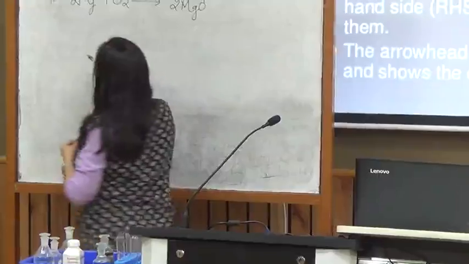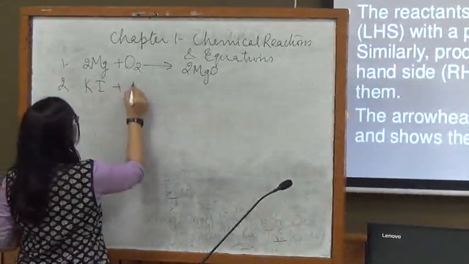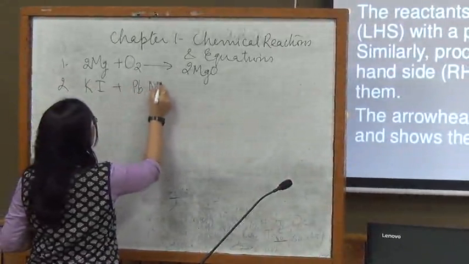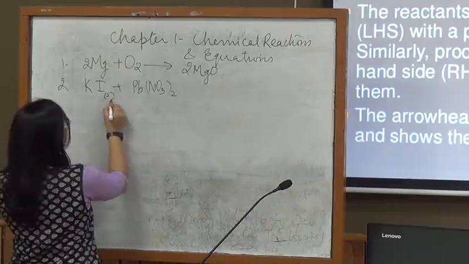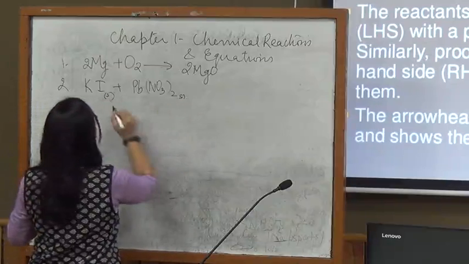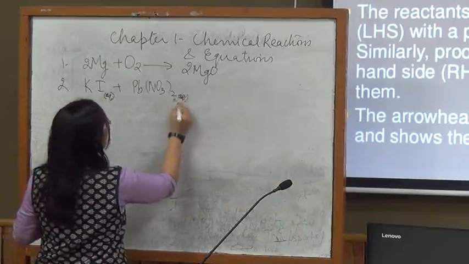The reactants are potassium iodide and lead nitrate. Here this is in the solution form and this is also in the solution form, and solutions are indicated by aq, aqueous solutions.